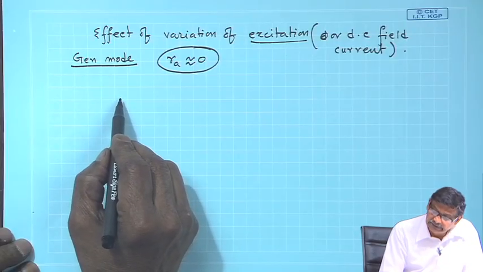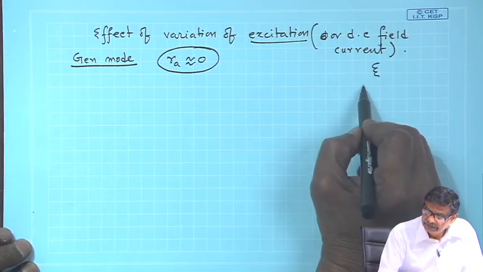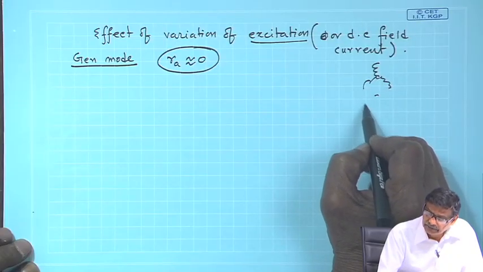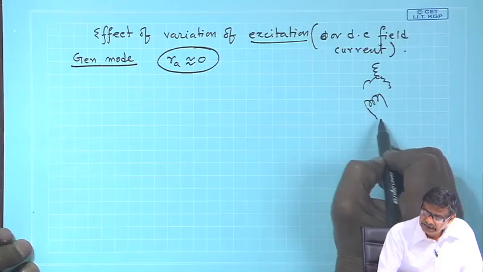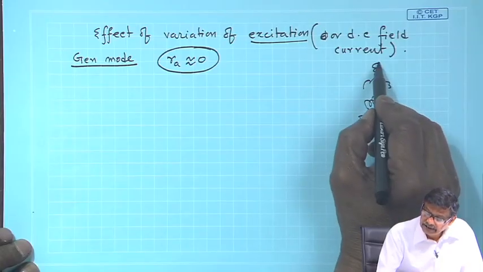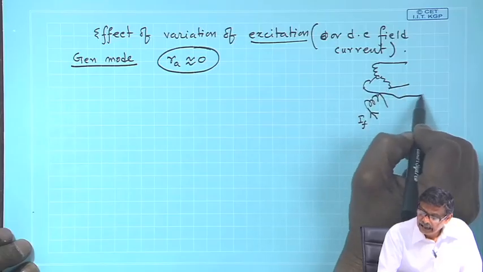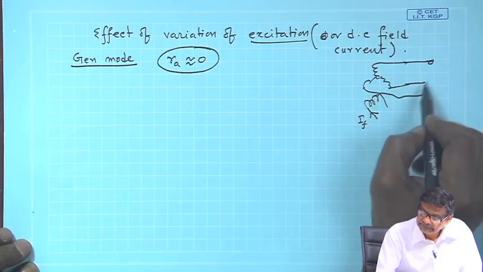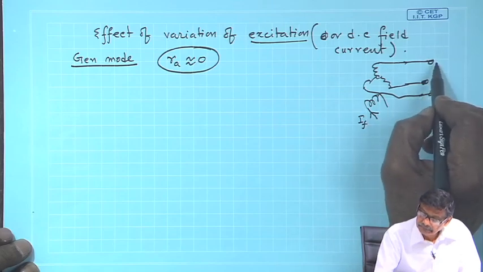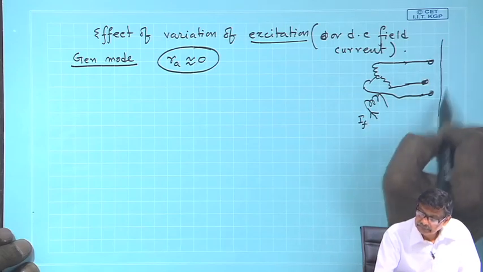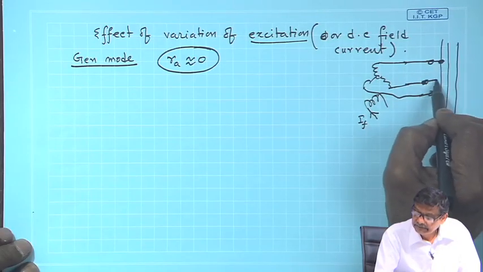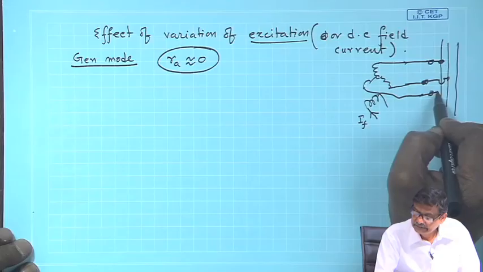This is the generator. Let me first draw this, and here is the field winding. Here is some IF DC current and here is some voltage, and it is connected to the bus: A phase, B phase and C phase.